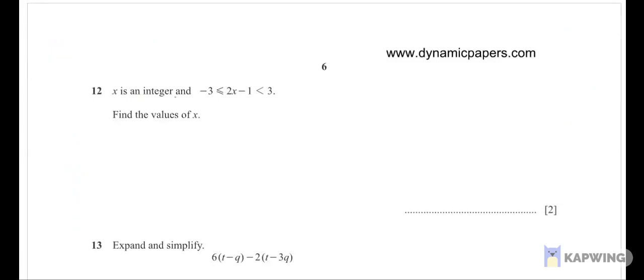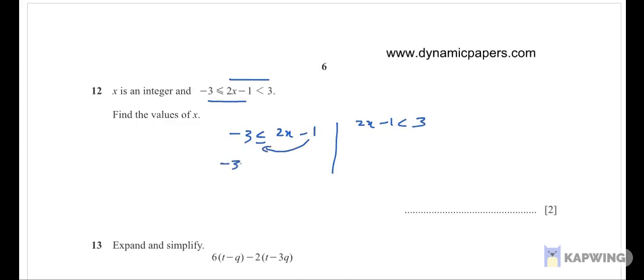Number 12. x is an integer. Find the value of x. Inequality with double inequalities. Make an inequality from this portion: -3 is less than or equal to 2x minus 1, and this inequality: 2x minus 1 is less than 3. Now from here shift it to this side.